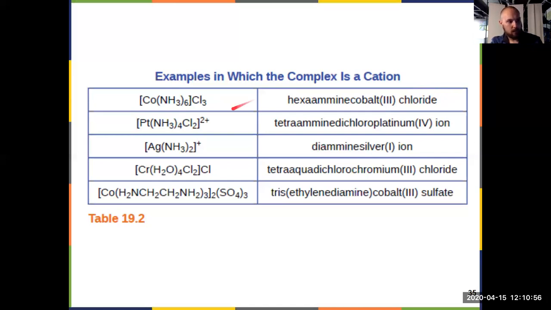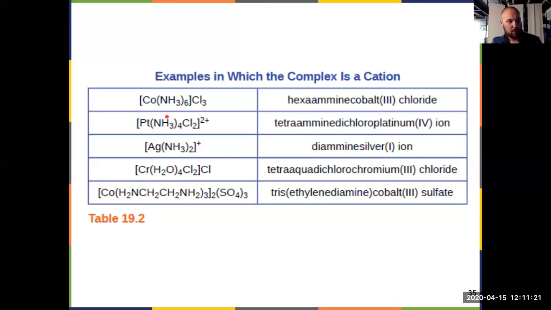Same thing down here. Now I don't have a counter ion to worry about, but I've got a more difficult complex to name because I have 2 ligands. And notice the difference between chlorine. Here it's outside the brackets, so it's a counter ion. Here it's inside the brackets, so that tells me that it's a ligand. So I name my ligands, amine ligand, chloro ligand, and they go in alphabetical order.